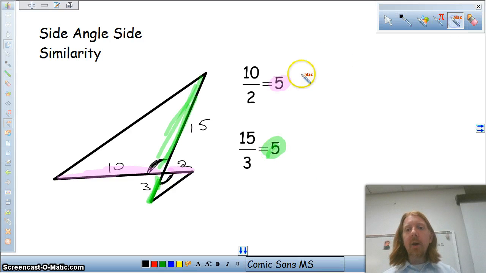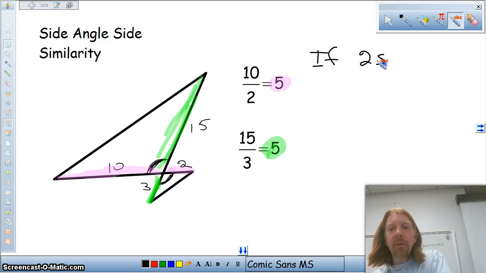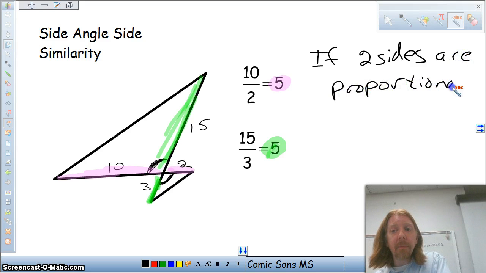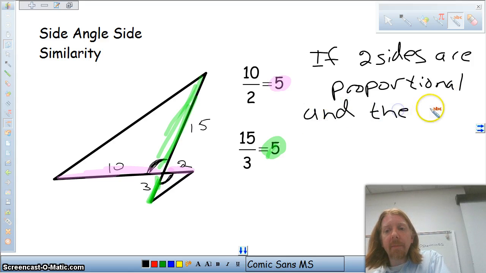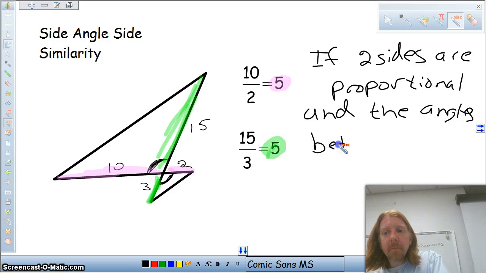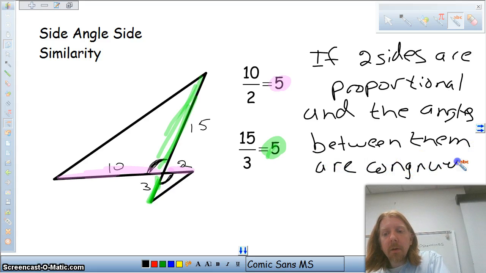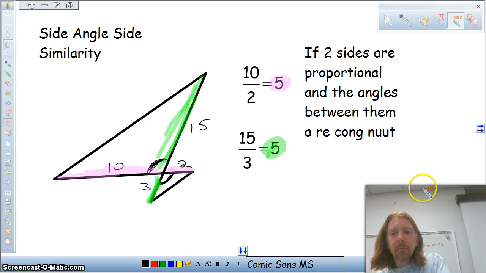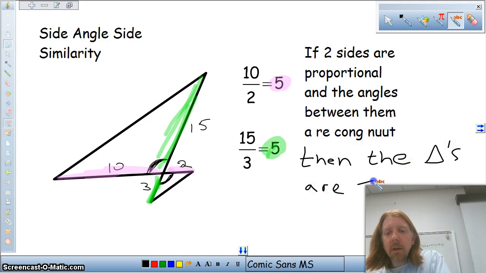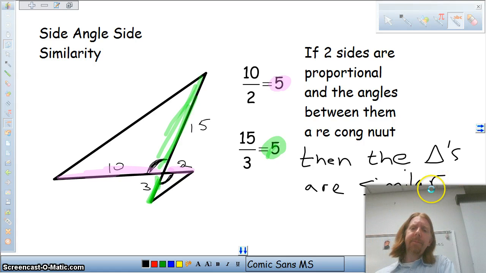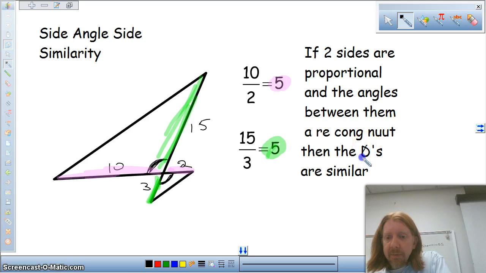So I can now apply the rule, which says that if two sides are proportional, meaning they have the same scale factor, and the angles between them are congruent, then the triangles are similar.